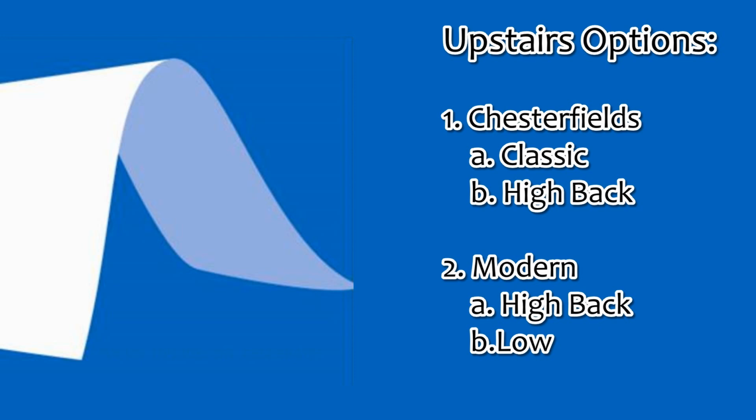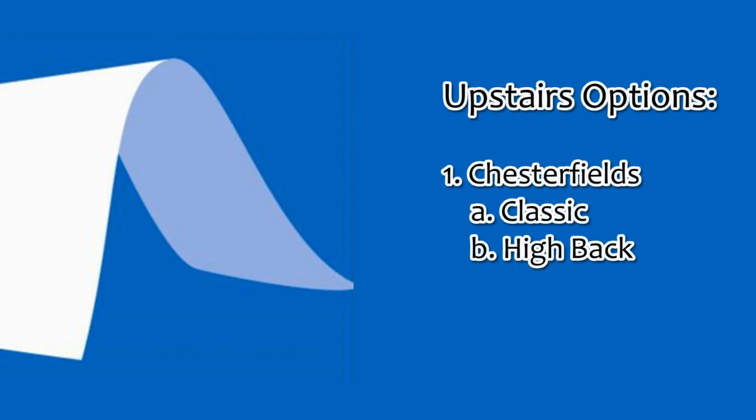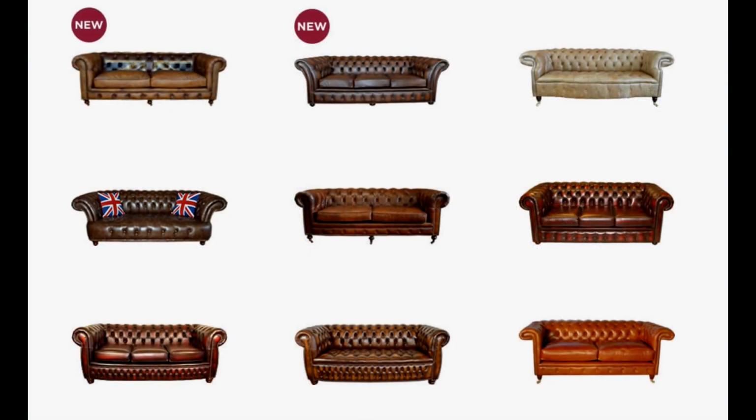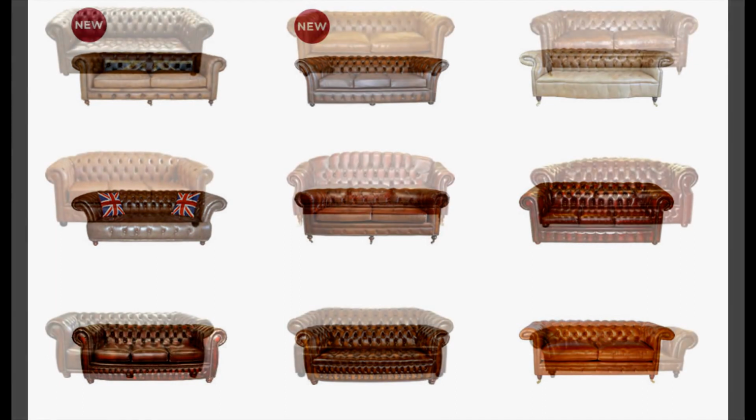So for the upstairs, let's start with the upstairs. We've given you two options, and then there are actually quite a few options within that, but that's best explained and described looking at the actual floor plans and designs that we've come up with. So starting with Chesterfields, we do an excellent and very wide range of Chesterfields, many of which have that very classic styling.